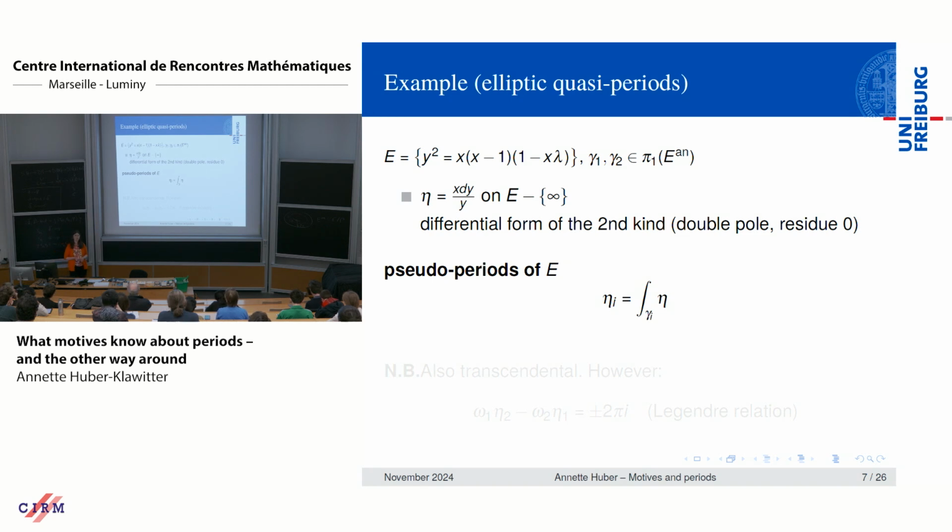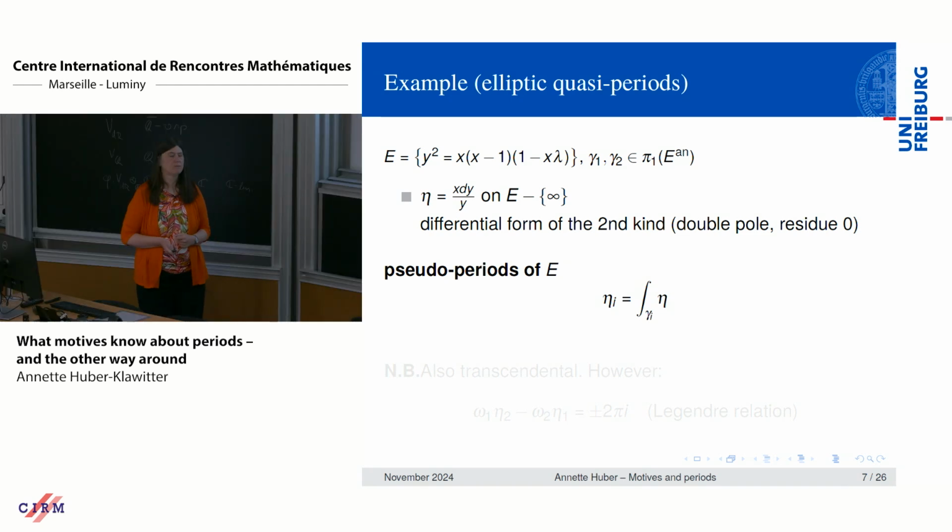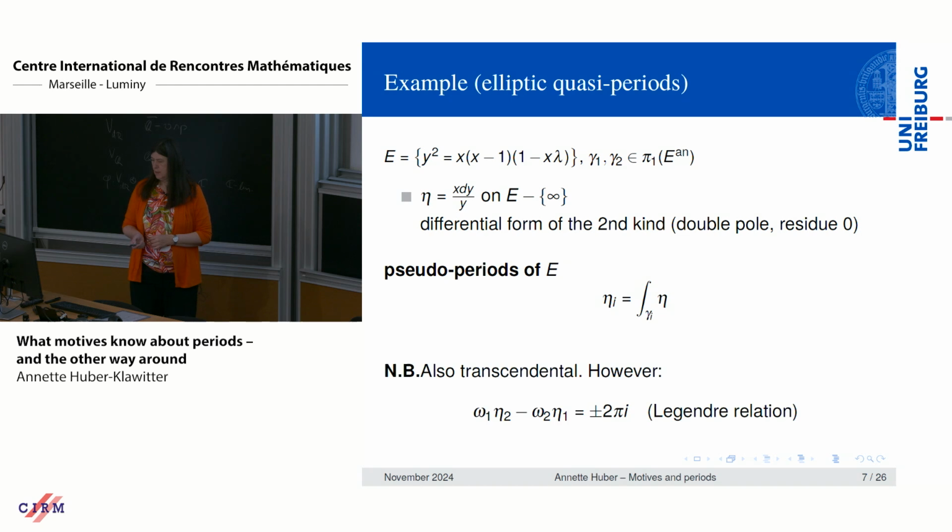And they're traditionally called eta 1 and eta 2. And in classical theory, they are called quasi-periods of the elliptic curve. And they are periods in terms of the definition that I gave you. They are also transcendental. This was proved at about the same time that the omegas were proved to be transcendental.